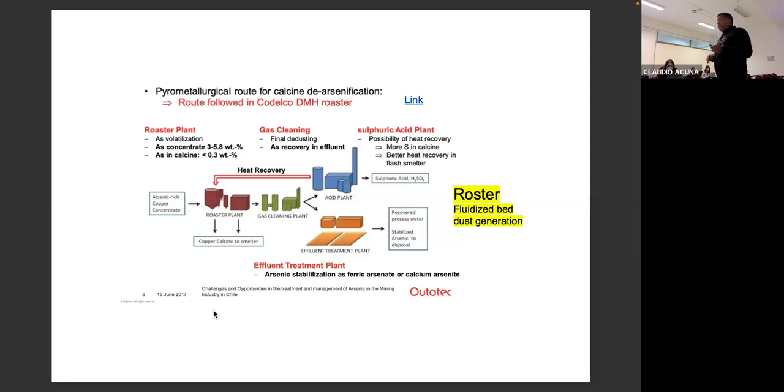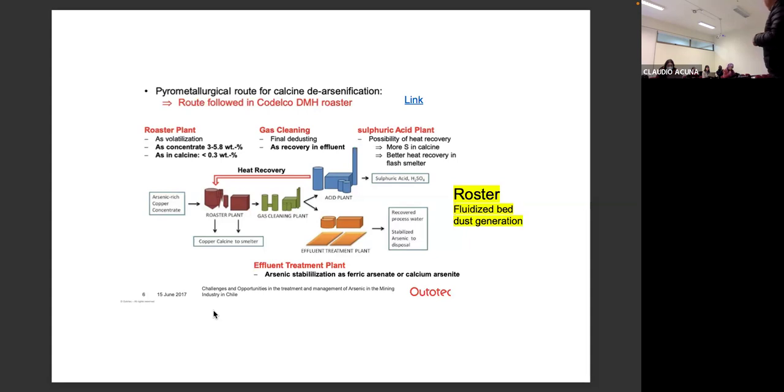Okay? So in this case, Boliden, which is a Swedish company, has this big roaster. It was commercialized by Outotec, and now it's installed in Chile, but it's really, really bad. Just to remove part of the arsenic, they generate arsenic trioxide as a product, and then this is stabilized as a compound, I don't remember which, but it's not scorodite, which is not stable.